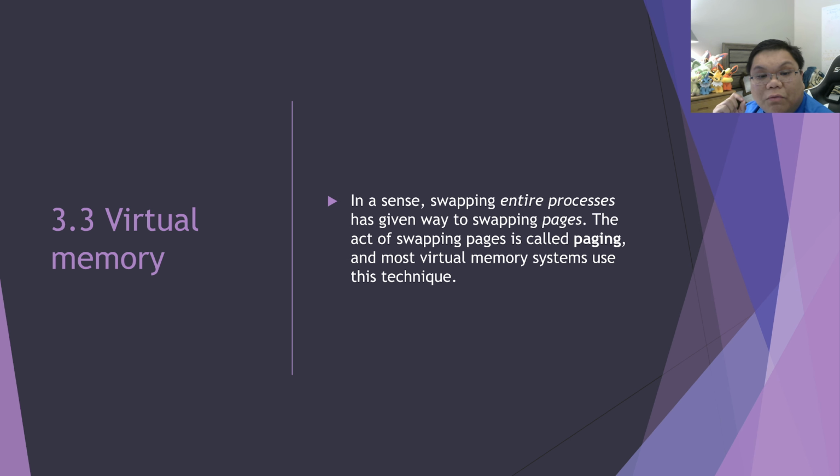In a sense, we talked about swapping entire processes, but now we're swapping pages of a process. Although it's not mentioned in this book, it is mentioned in a different book. When we talk about swapping these days, we're talking about swapping pages. Put another way, it's swapping and paging.